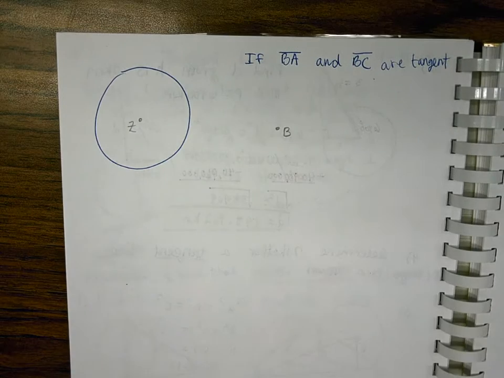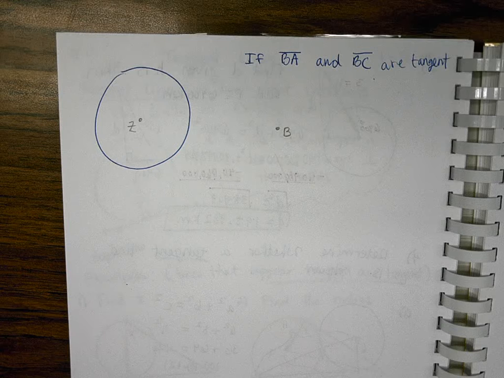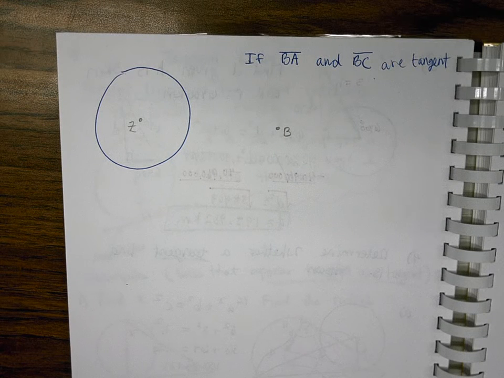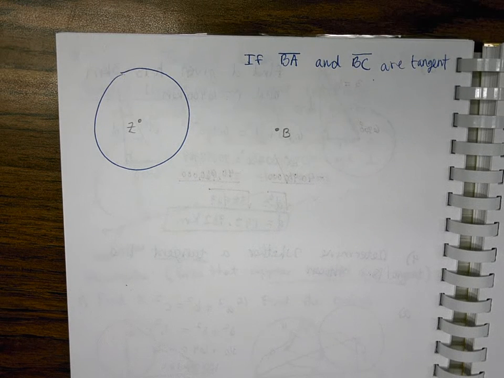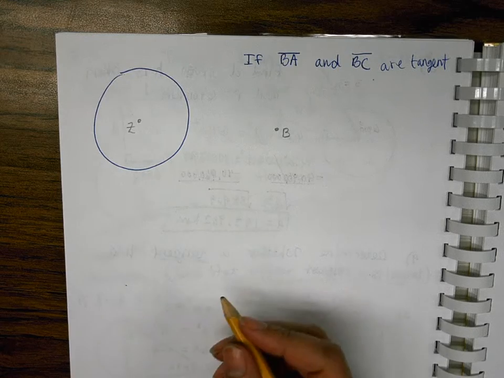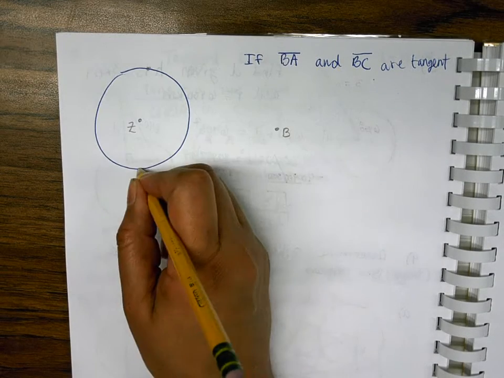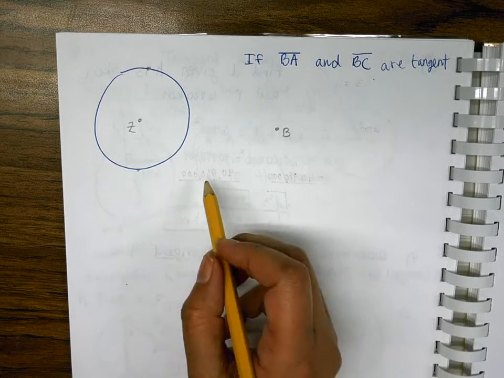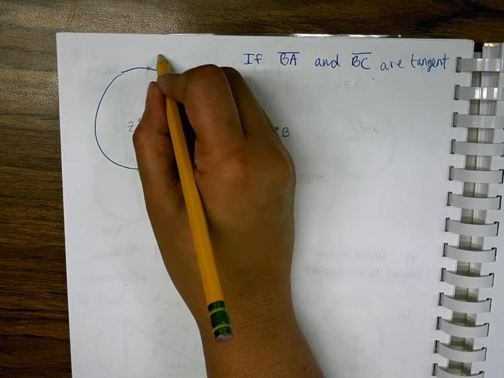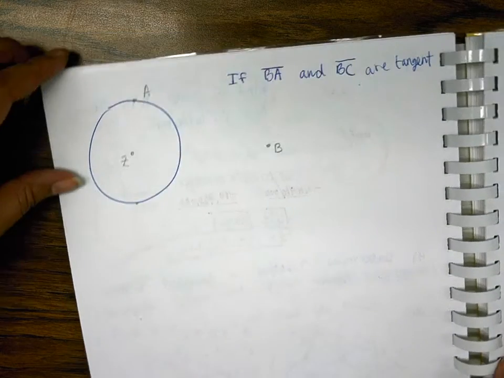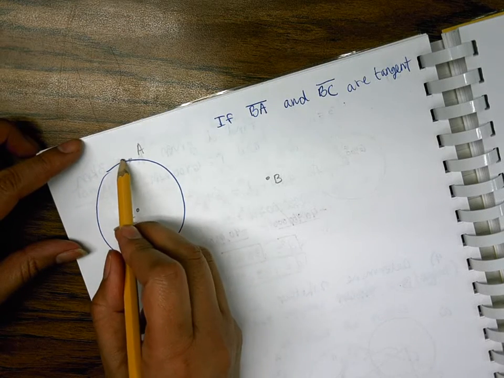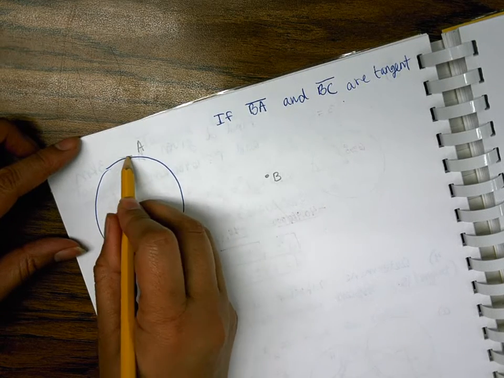All right, if BA and BC are tangent, what happens? Okay, so I'm going to put some points on here. I'm going to call this one A, and B to A, that is a tangent line.